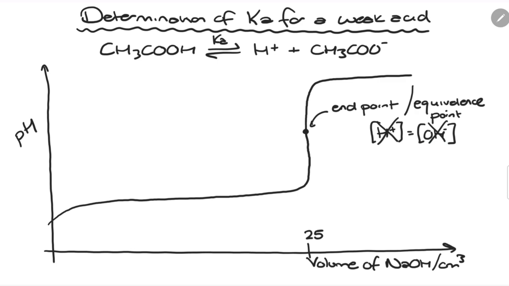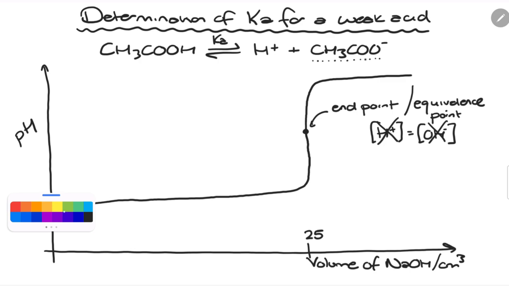And if we were to use one of our lower school definitions of saying acid plus base gives salt plus water, at this point we only have the salt plus water, and we would have what we would term a neutral solution. Now, at that point, we obviously don't have any hydrogen ions left, we don't have any parent acid left. All we have is our concentration of salt that we've prepared as the product typically of an acid-base reaction.